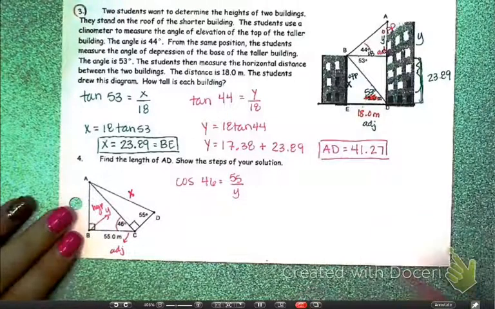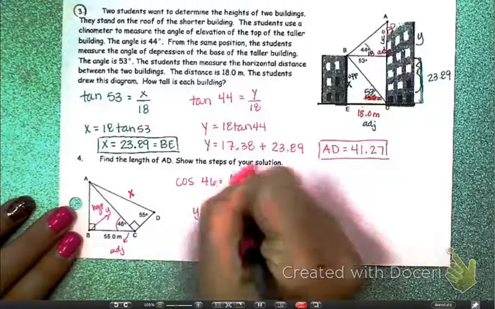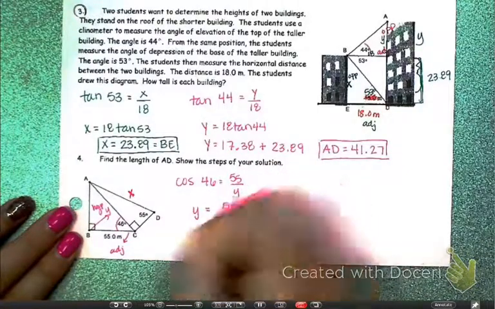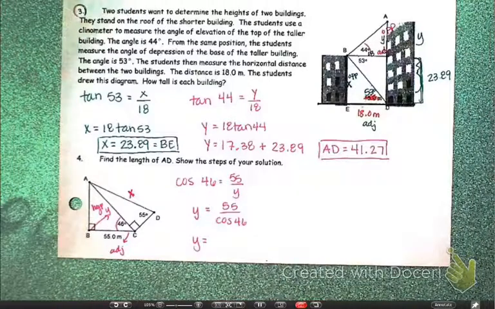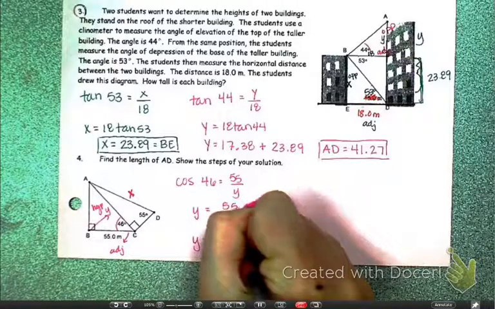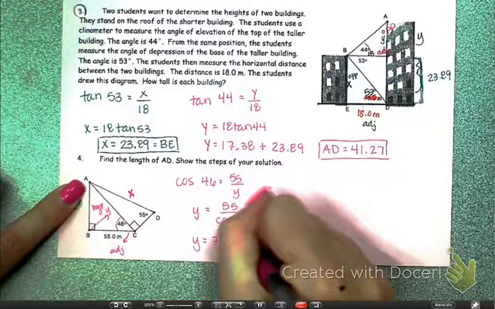What type of problem is this? Your flip and divide. So 55 over the cosine of 46. And when you solve for y, what do you get rounded to the nearest hundredth? 79.18. Okay, that's AC. That's what AC equals.